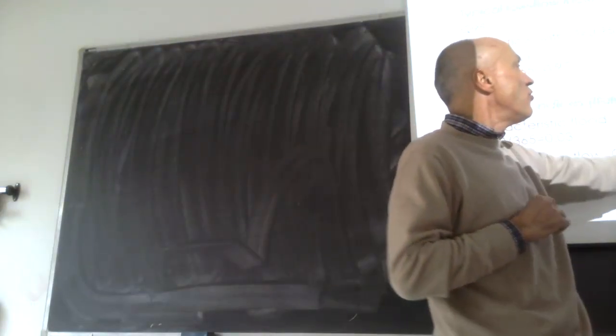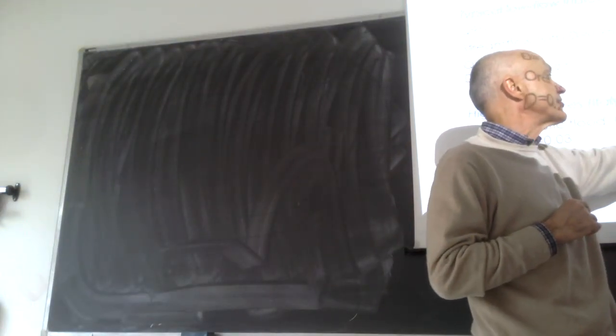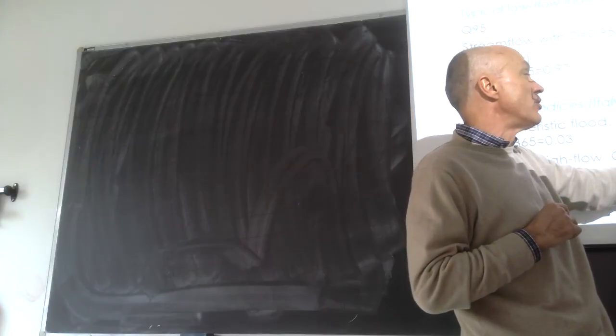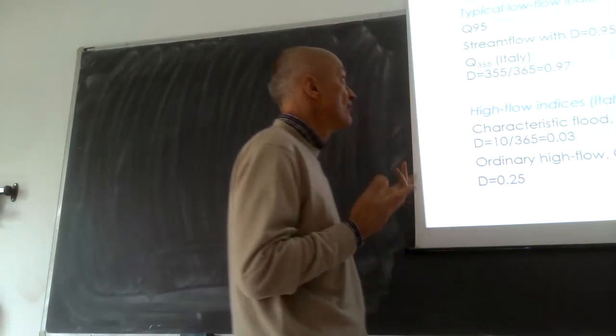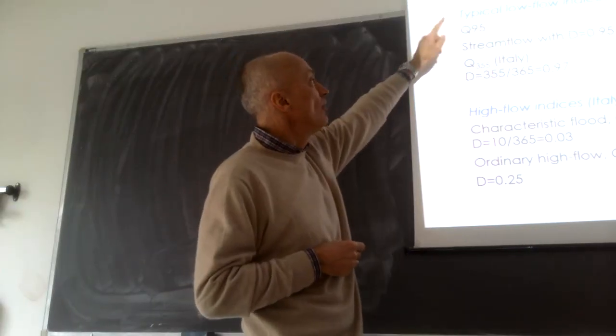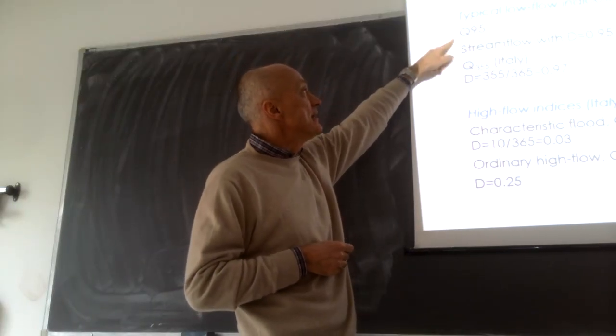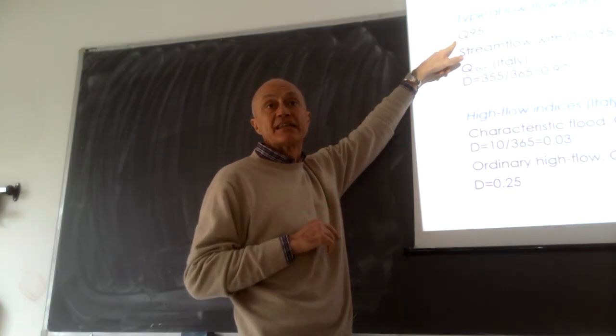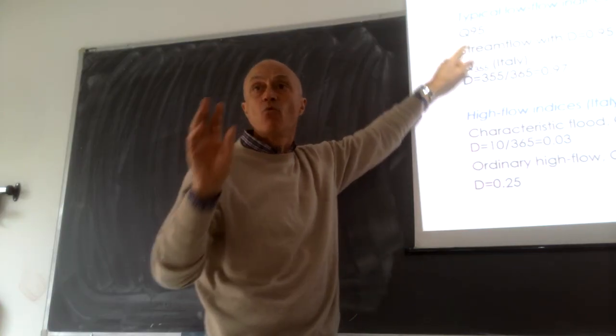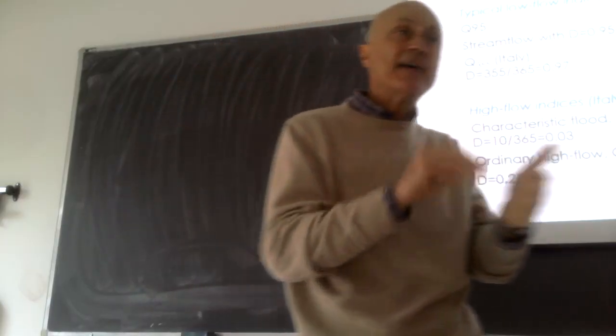For example, typical low flow indices, Q95. It's used across, for example, North America. It's a way to characterize the low flow regime of a given stream. What is the meaning? It is just the discharge associated with the duration of 95%. Okay? It's a low flow index.